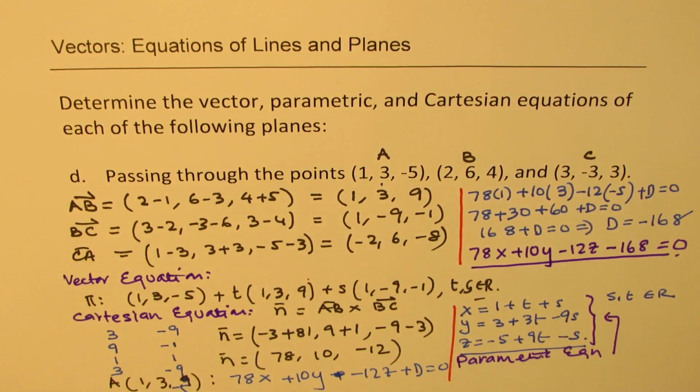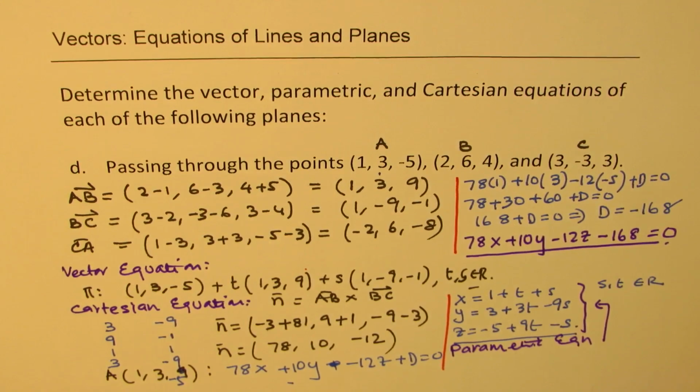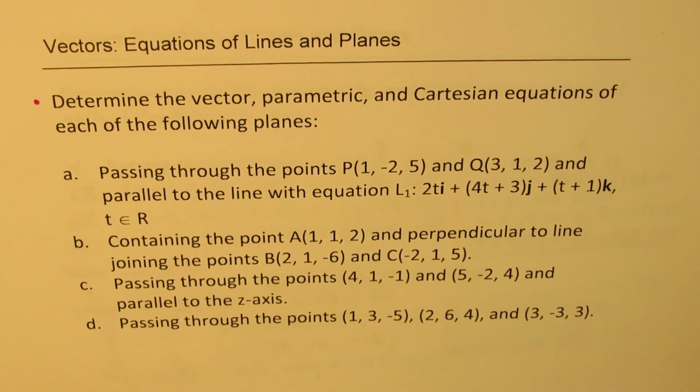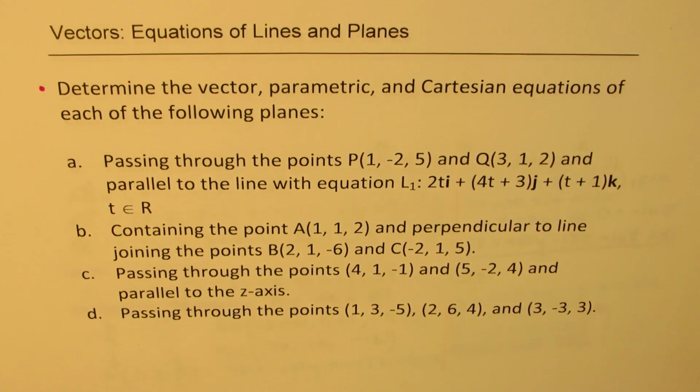Perfect. So that is how we are going to write the equations of planes. So finally, we got all the three equations. I hope you have understood the concepts. We began with very simple questions, verifying whether the points are there in the plane or not. Then we looked into the discussion on how a plane can really be defined.